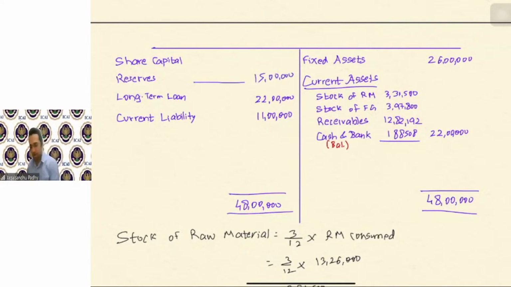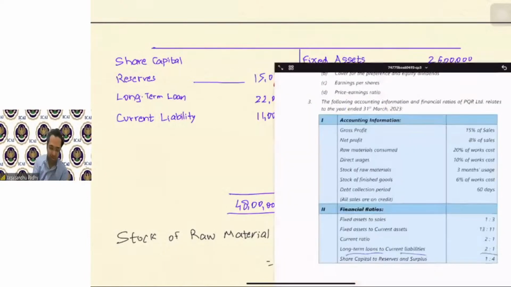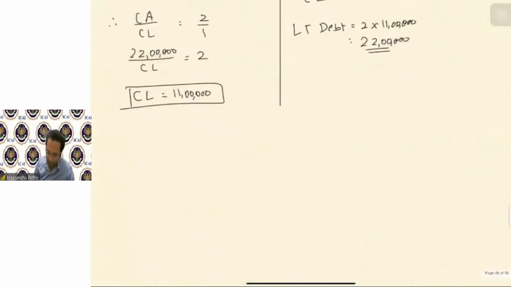Now this share capital and reserves, 15 lakh, we got this as a balancing figure. This needs to be distributed between share capital and reserves and surplus in the ratio of 1 is to 4.